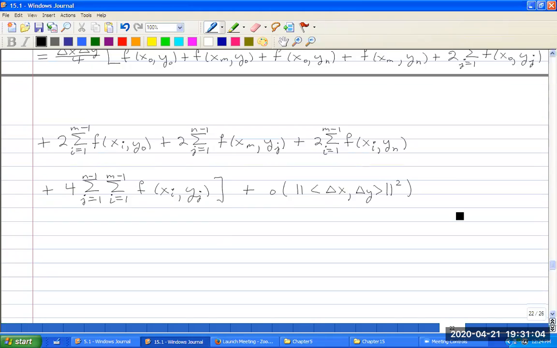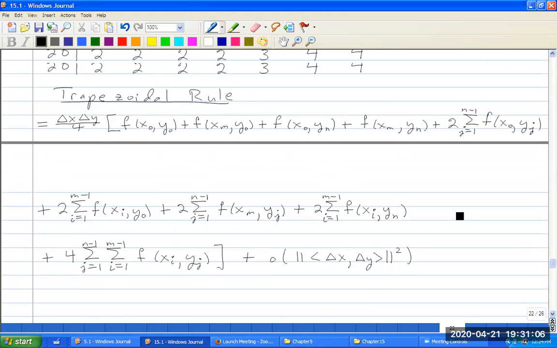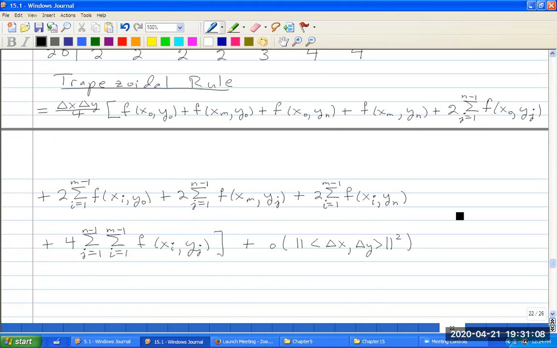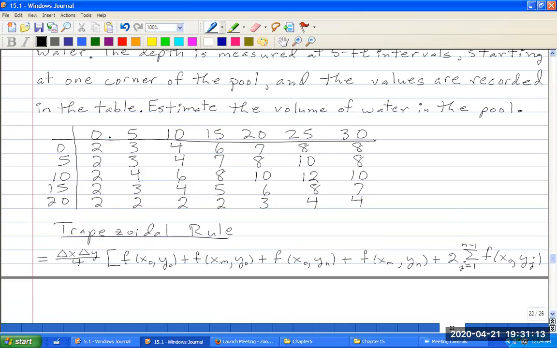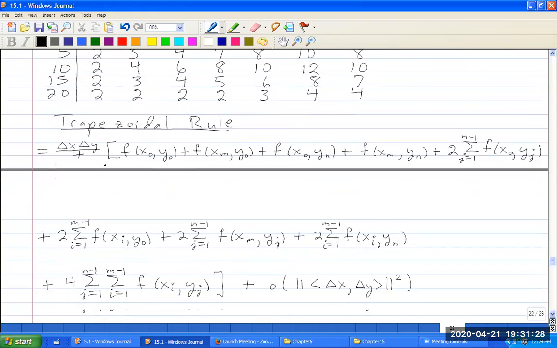The real thing I should be using, in this case, is delta x and delta y. Notice that these are always a distance of 5 apart, so I can figure out delta x and delta y. Each of these points in the grid tells you the value of the function.